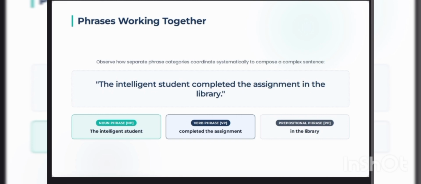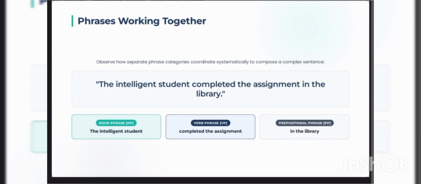Now we will discuss how phrases work together. Let's see how different phrase types work together in a complete sentence. Consider the sentence: the intelligent student completed the assignment in the library. This sentence contains three major phrases. First is the noun phrase, the intelligent student. This phrase functions as the subject. Second, the verb phrase, completed the assignment.